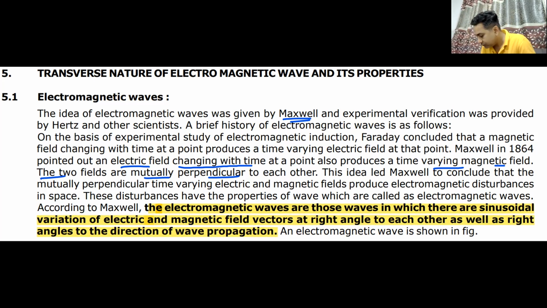Both are perpendicular to each other, and they are also perpendicular to the direction of propagation of the wave. Do we understand this? I'll give you a minute to note this down.